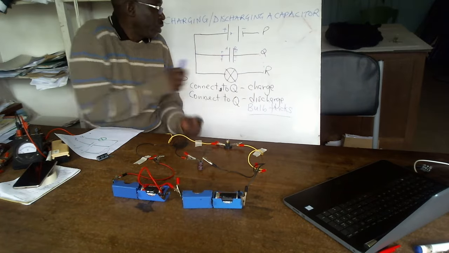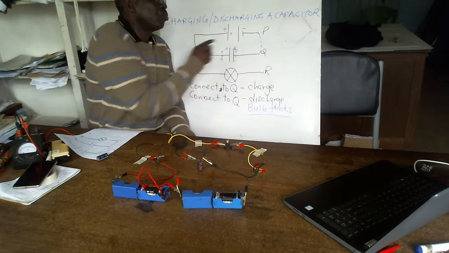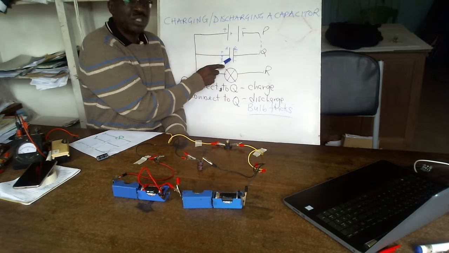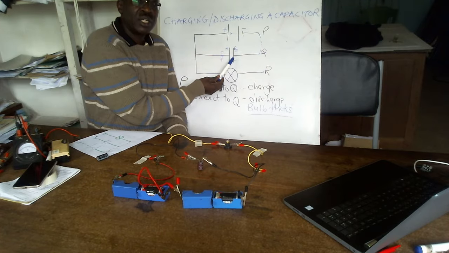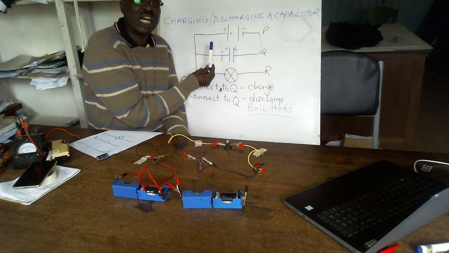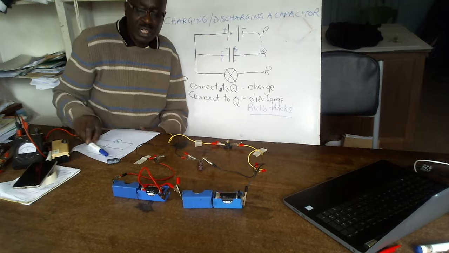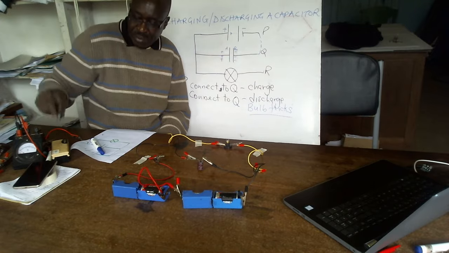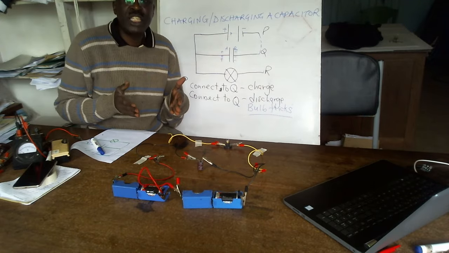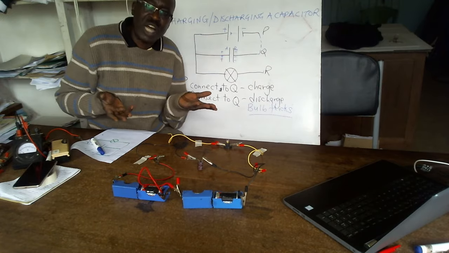We are doing P connected to Q. So this process is taking place, realigning the charges. A will eventually have a particular charge and B will have a particular charge. So that is the process of charging a capacitor. We are not going to have it stay long because of time.